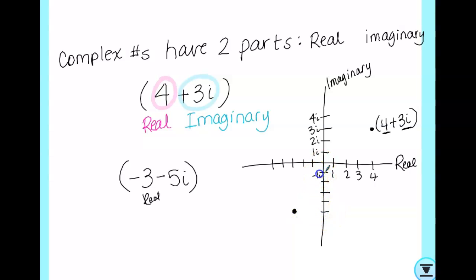Again, these would be -1i, -2i, -3i, and so on. So this would be the complex number -3 minus 5i. Okay? So this is how we graph complex numbers.